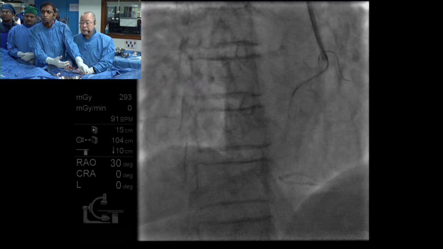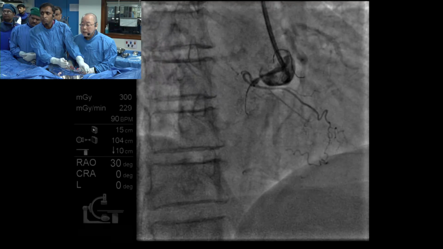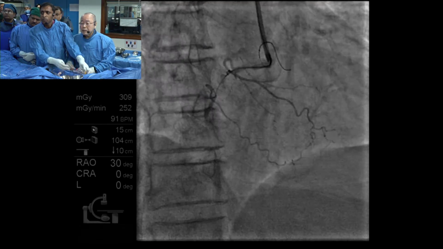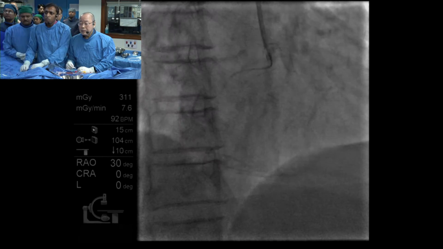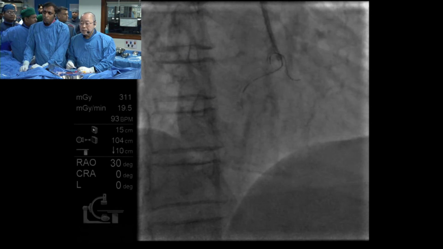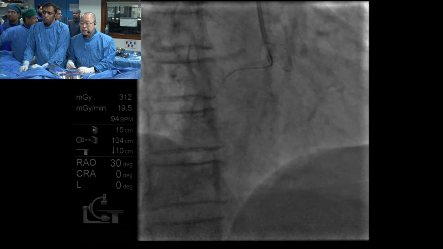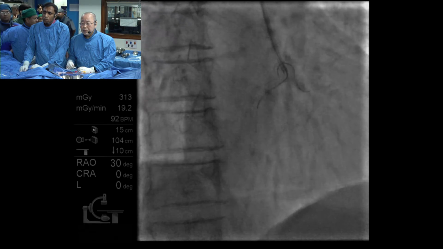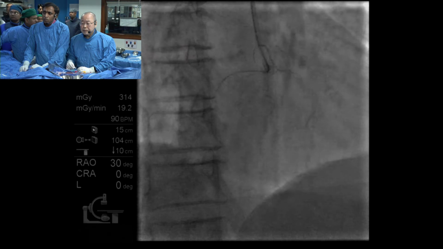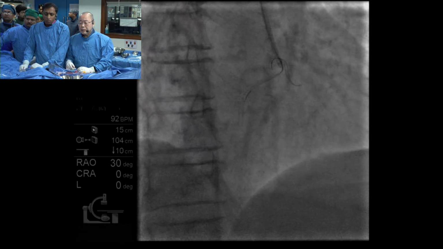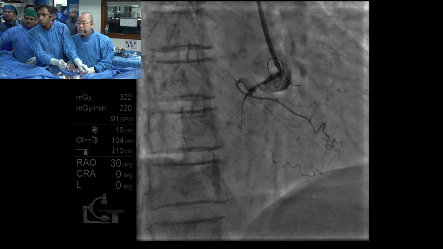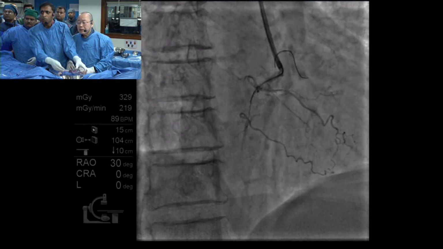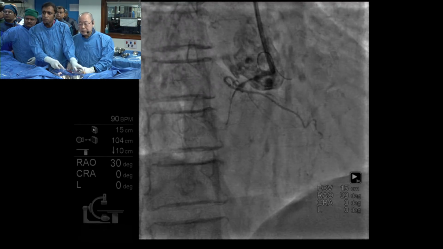I don't know. Yeah. Would you worry that a hematoma will develop soon, Dr. Saito? Hematoma, yes. Okay. Difficult.